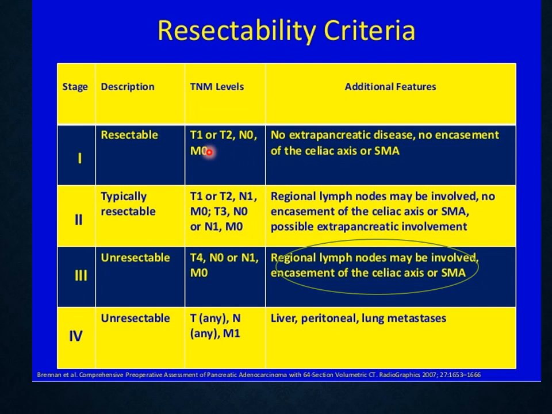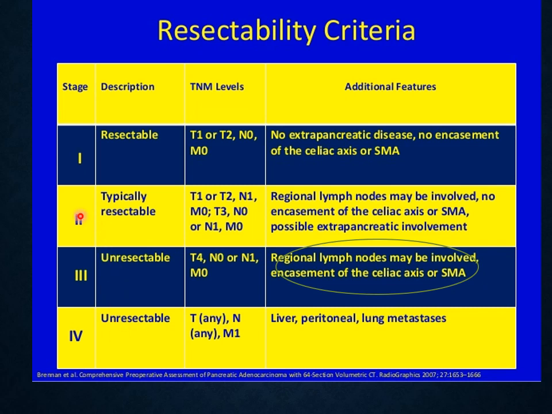So this is clearly resectable and major surgery can be undertaken. Stage 4, on the other end, is clearly unresectable. Tumor any size, nodal status any, metastasis positive. Therefore, with liver, peritoneal and lung metastasis or metastasis elsewhere, it is clearly unresectable.